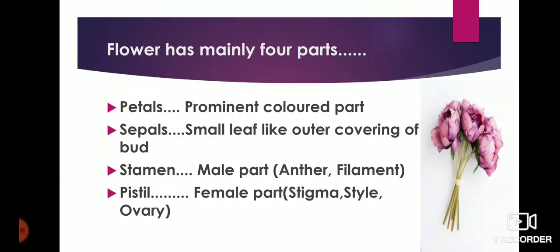Some of these parts may even be absent at times. We studied some features of flower here, and also we studied in this chapter the functions of leaves, stems and roots. We will learn about the functions of flowers in higher classes. So, we can wind up our class.